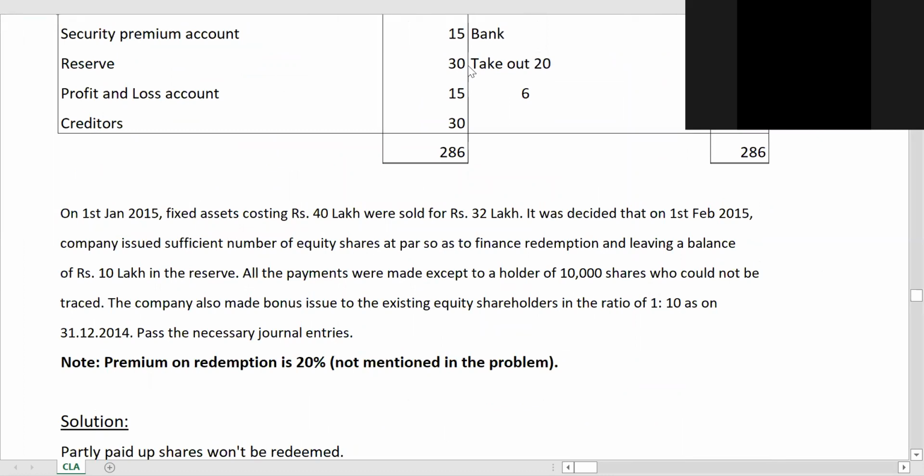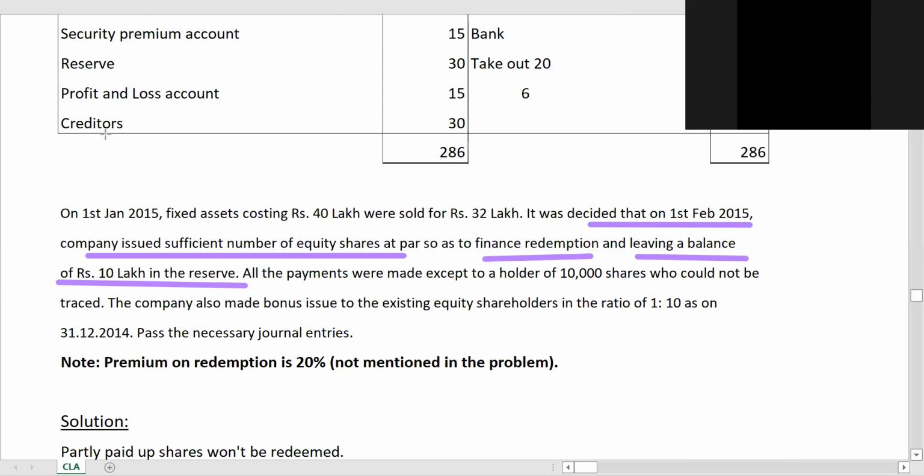It was decided that on 1st February 2015, the company issued a sufficient number of equity shares at par to finance redemption, ठीक है यहाँ तक, leaving a balance of rupees 10 lakh. ये बोल रहे leaving only a balance of 10 lakhs. अगर ये बोलते तब हम बाकी सारी चीज खाली कर देते. This is my take.